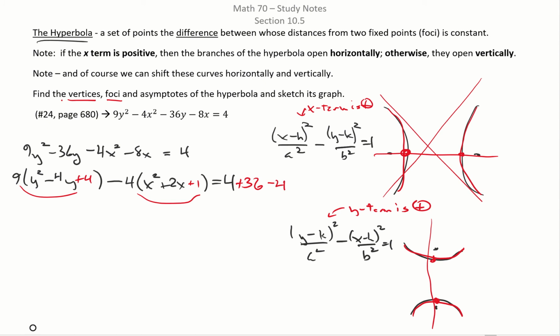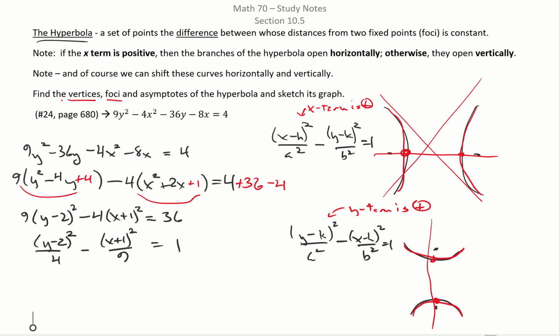So our equation becomes 9 parentheses y minus 2 squared minus 4 parentheses x plus 1 squared, and on the other side turns out to be 36. When we divide the 36 over, 9 into 36, we end up with y minus 2 squared over 4, minus x plus 1 squared over 9, and we've got it in the form we like.